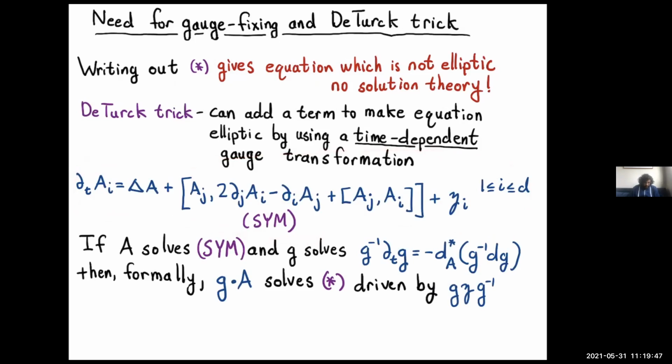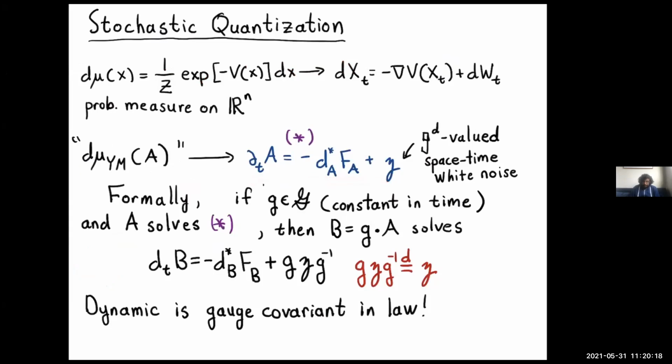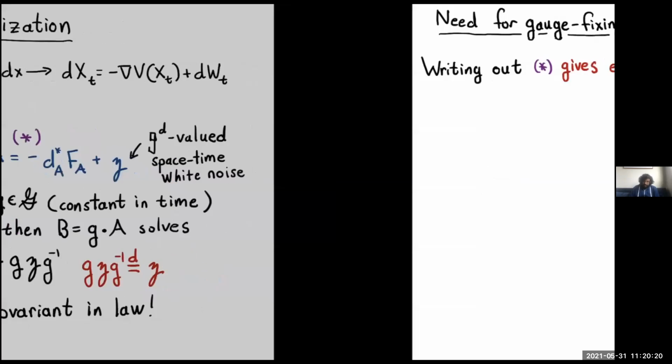If you have a solution to this equation, at least formally, and you have a time-evolving gauge transformation that satisfies this equation, then if you act on the solution by the gauge transformation, formally you get something that solves the original dynamic, which was this one, except again you rotate the noise.